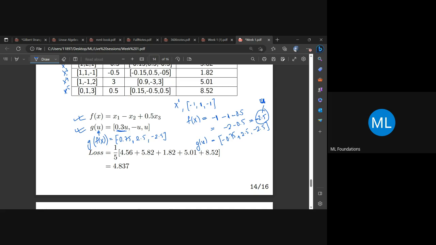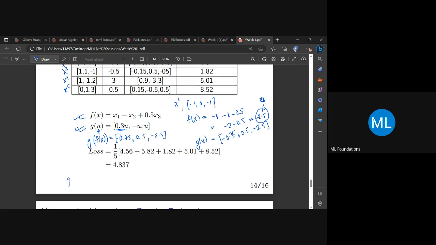Now you want to find g of f of x minus x, right? So for x1, I am talking about just x1 here. So you will have minus 0.75, you have 2.5, you have minus 2.5, and what is x? x is minus 1, 1, minus 1.